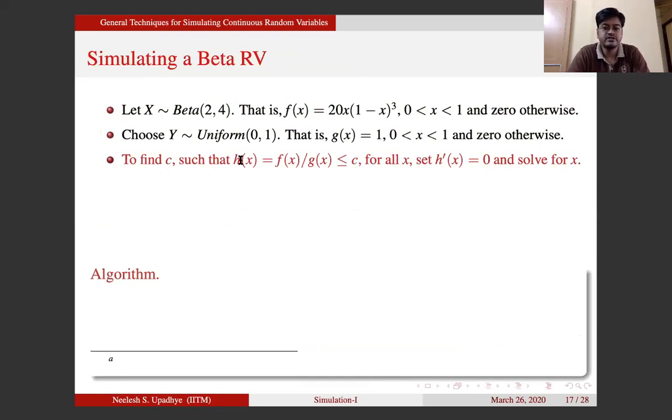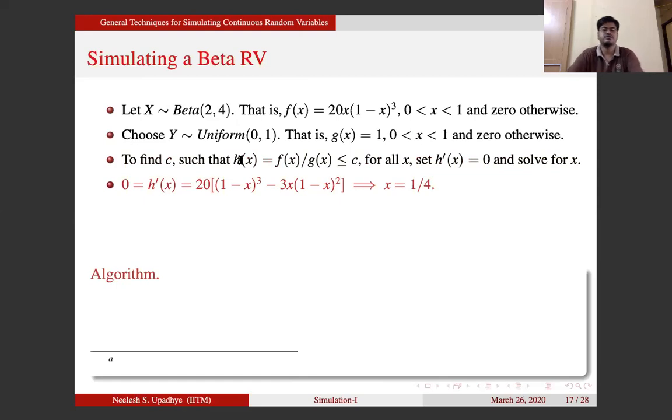Now these functions are very nice functions, so I can use calculus to find the maximum value of this ratio. Set h'(x) equal to 0 and solve for x. When I set h'(x) equal to 0, I will get this. It is very obvious that (1 minus x) squared will be taken out as common, and 1 minus x minus 3x will remain in the square bracket, which gives me 1 minus 4x.